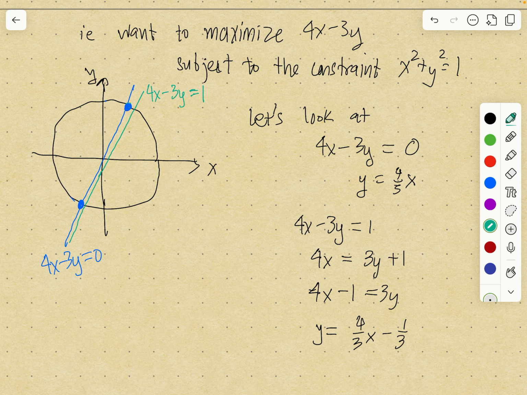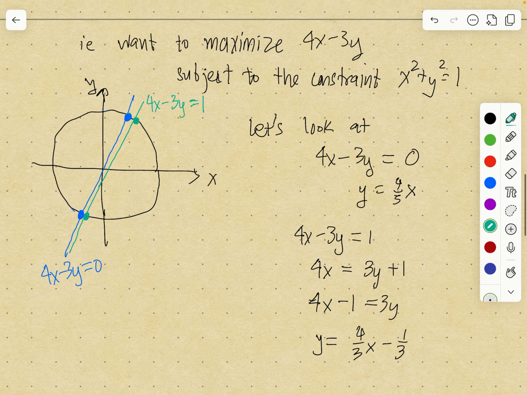So where this kind of bluish greenish line intersects the circle, at these points on the circle, 4x minus 3y is 1. So at these blue-green points, like the aquamarine points on the circle, the value of your function is actually bigger, right?